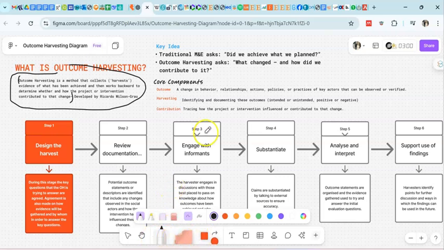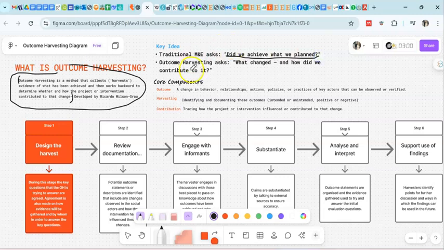Now, let's see the main idea. What is the key idea in outcome harvesting? We have to compare it with traditional M&E, which mostly starts with the question: did we achieve what we planned?